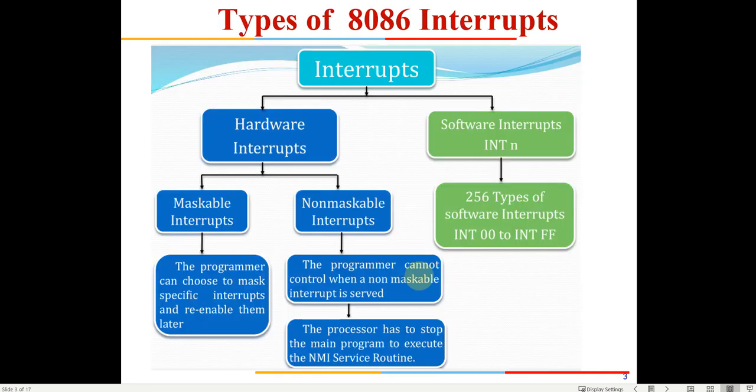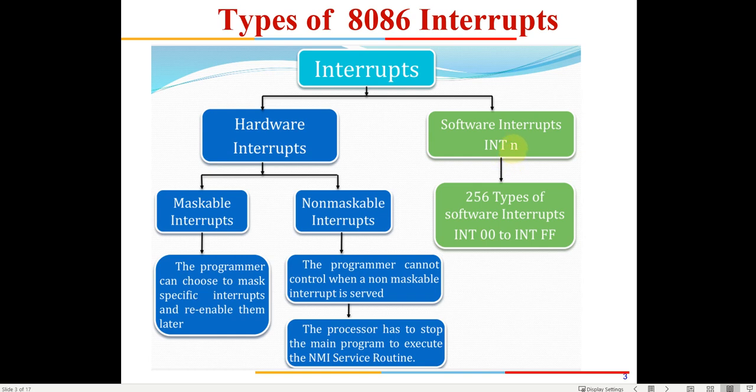There are several kinds of interrupts in 8086. First there are software interrupts. When you write a program, you can write in between an interrupt instruction and follow it up with a number.